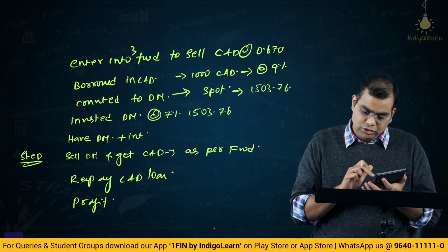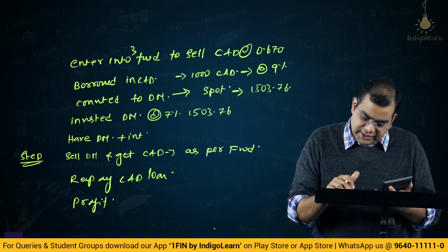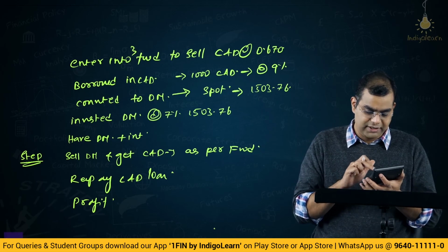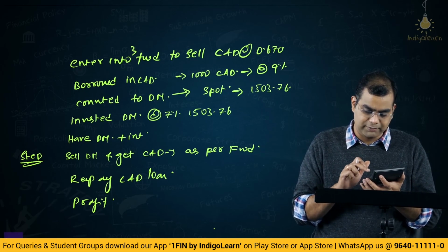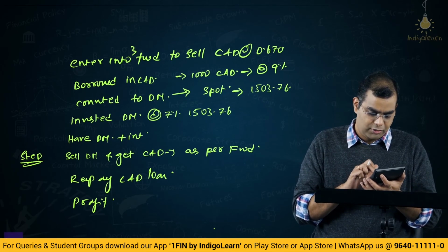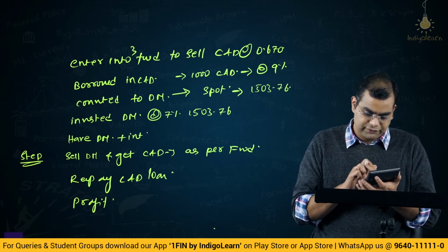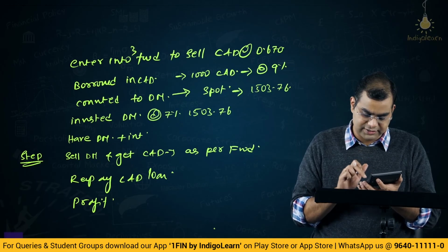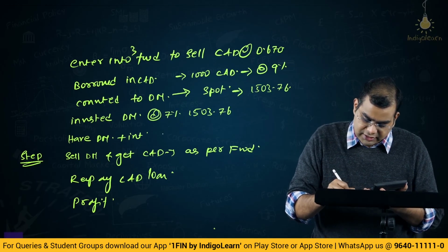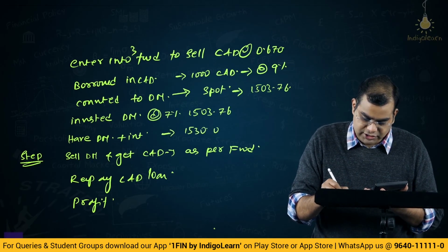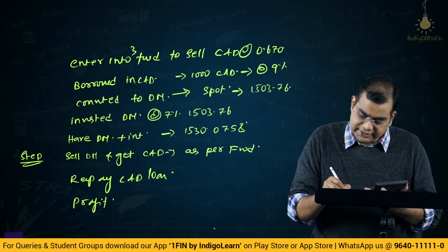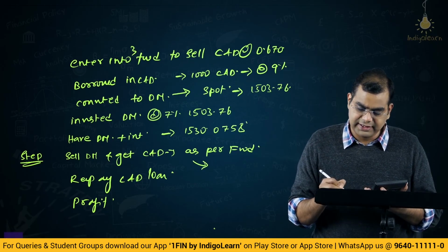So, the interest rate is 7 by 4, which is 1.75%. So, 1 plus 0.0175 into 1503.76, you get 1530.0758.